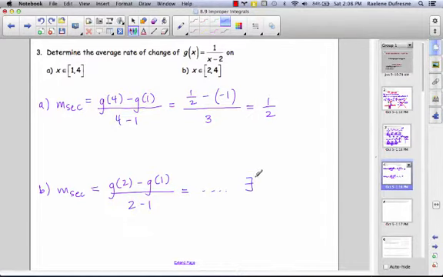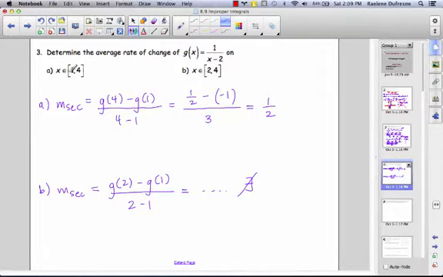So this value does not exist because we have undefined in the numerator. So the question is really pointing out the difference between part A and B. We could come up with a finite number when the interval was from 1 to 4, but we couldn't find a finite number when the interval was 2 to 4.